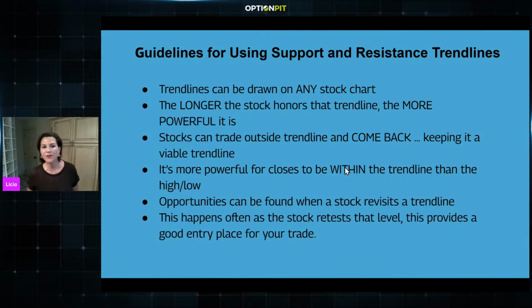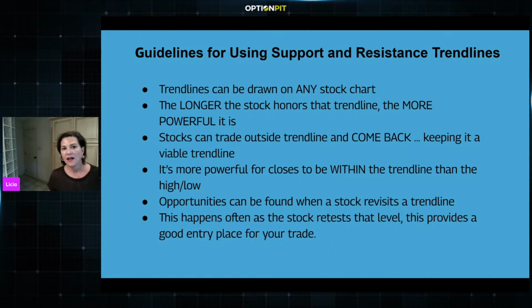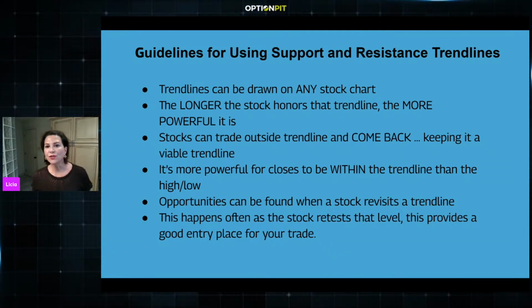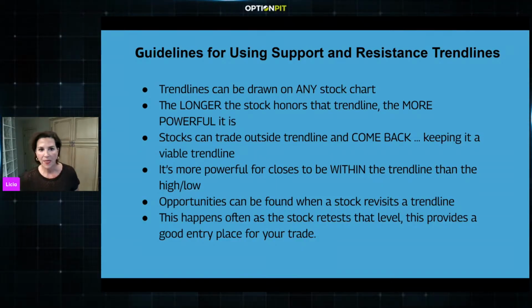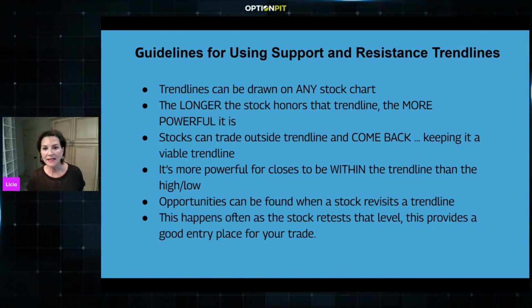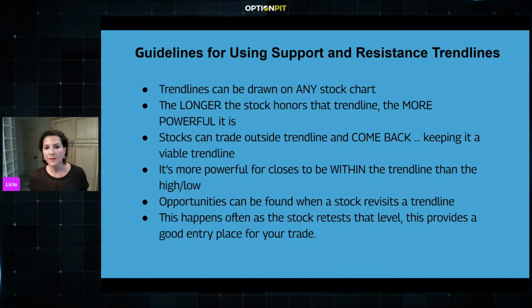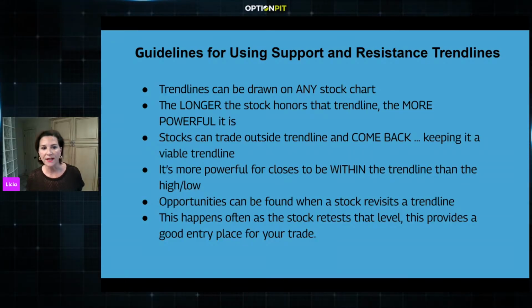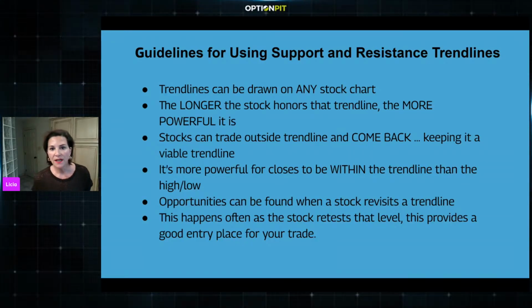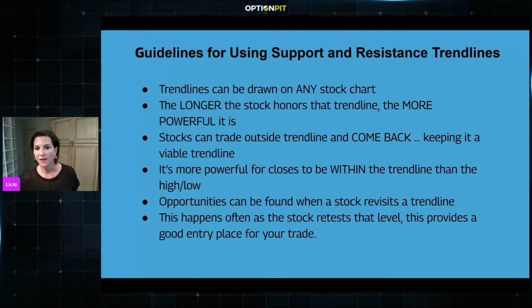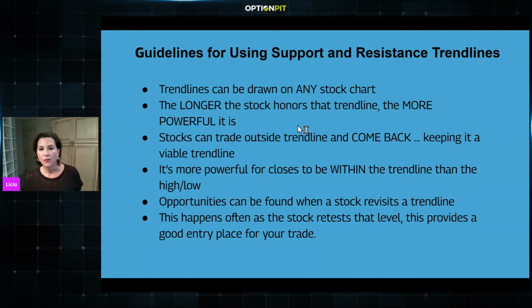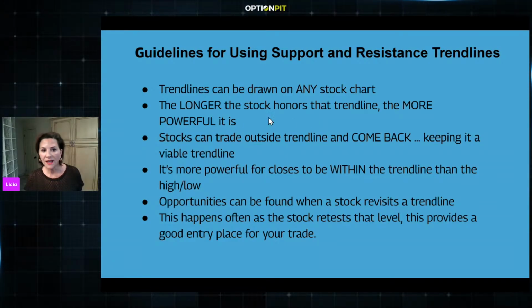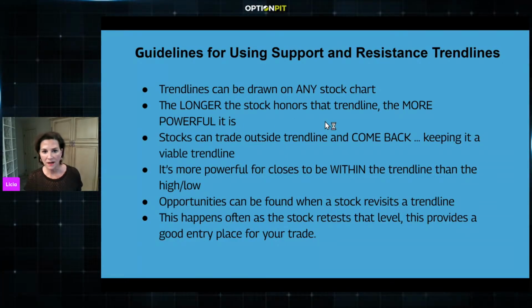So very, very few guidelines. You're drawing the trend lines to show yourself the price level where support and resistance is sitting. These trend lines can be drawn on any stock chart, commodities, cryptos, futures, anything that has a chart, any time frame. You can use 5 minute, 10 minute, hour, month, weekly. The longer the stock honors that trend line, the more powerful it becomes.